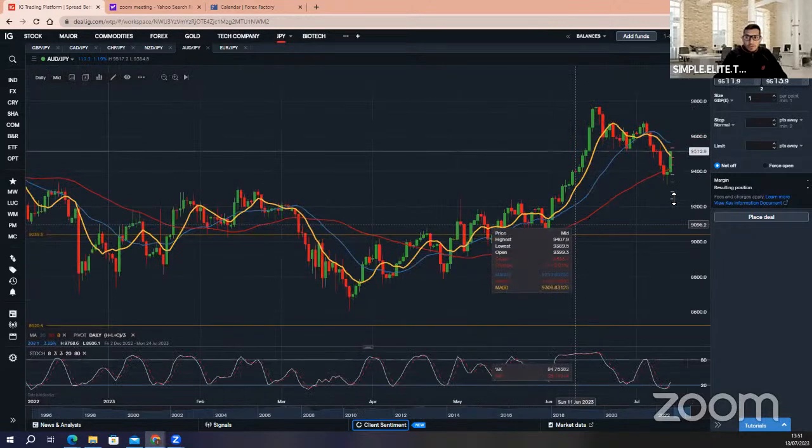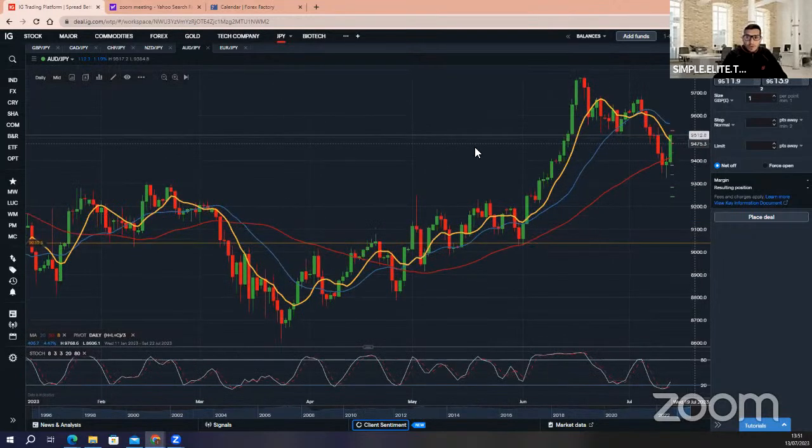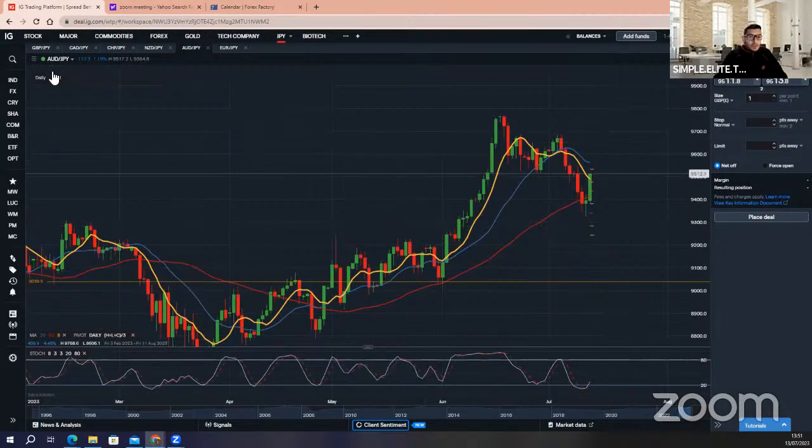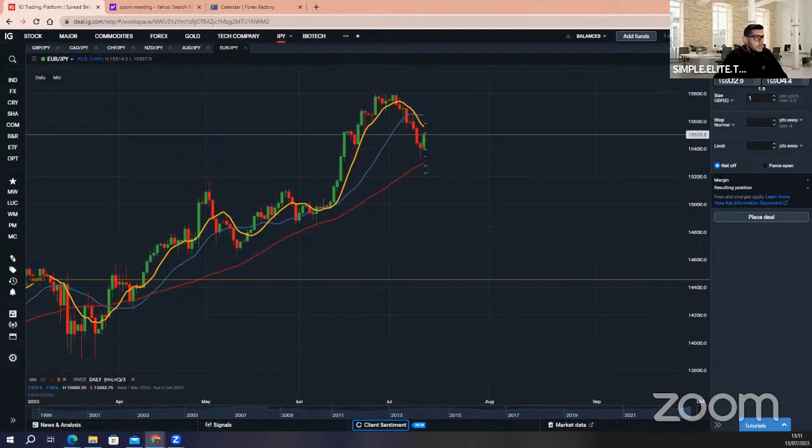Also Aussie is very strong, but this phase 2 is not what I like, because it already looks like a change of trend. So if it doesn't break this one and comes back to this, maybe it will be on the short side. So euro yen for me is better, because there is basically just one pullback.